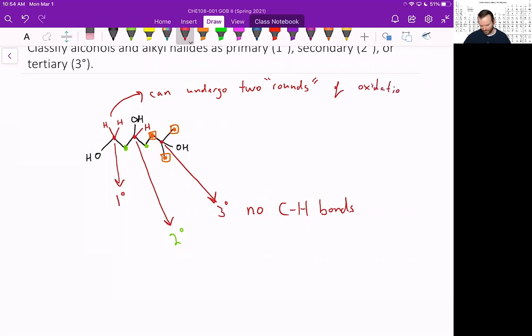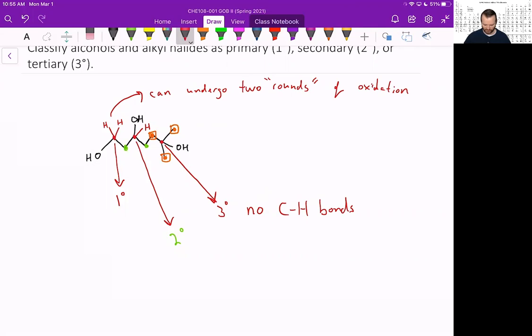We'll circle back to what oxidation reactions are for alcohols a little later, but for now, classifying alcohols as primary, secondary, and tertiary is the beginning of knowing how those alcohols will react.